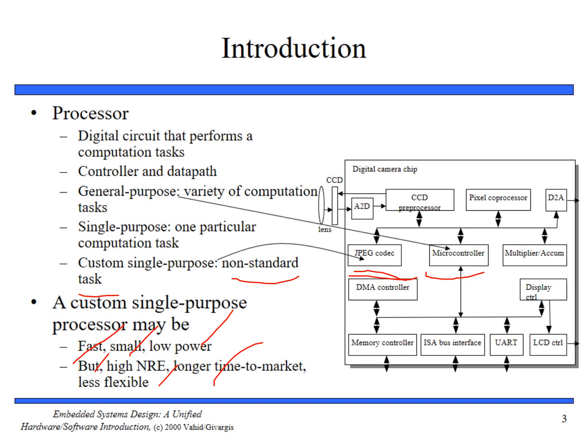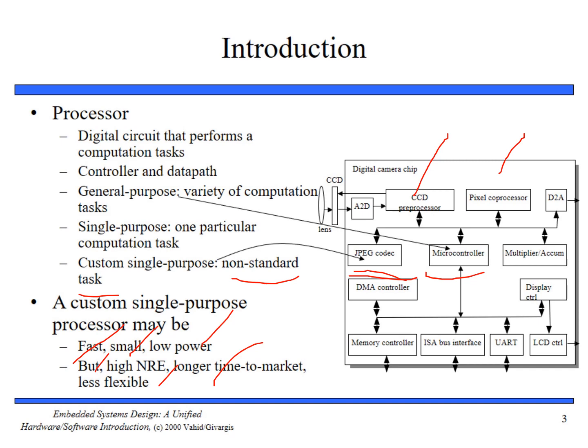For example, this is our standard single purpose processor. So these are common tasks, and for these tasks we can purchase standard single purpose processors to implement those tasks. Others are unique to a particular embedded system. Such custom tasks can be best implemented using a custom single-purpose processor.